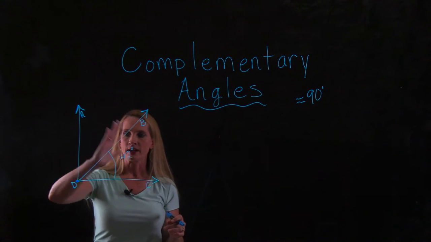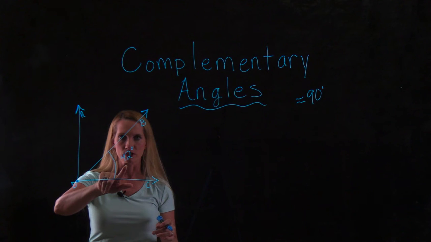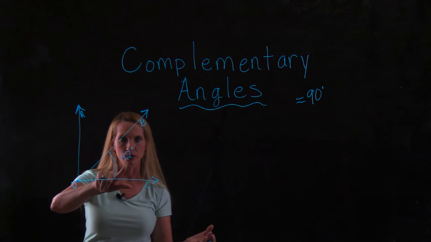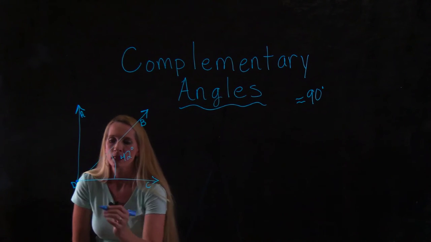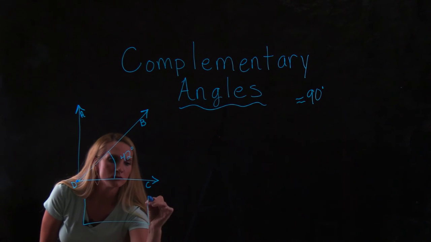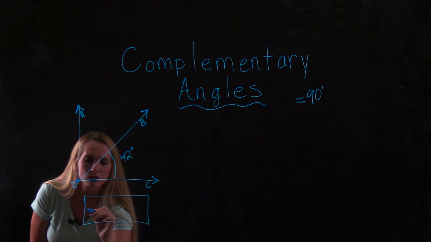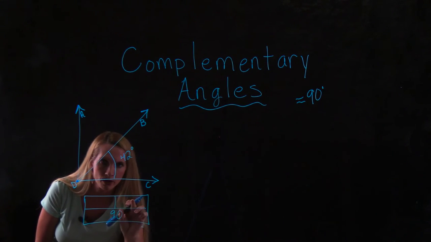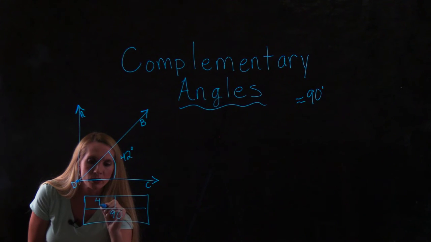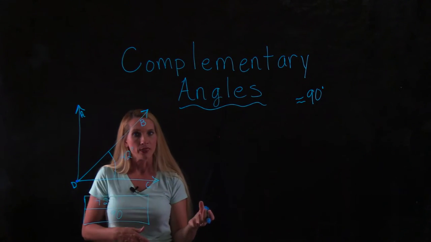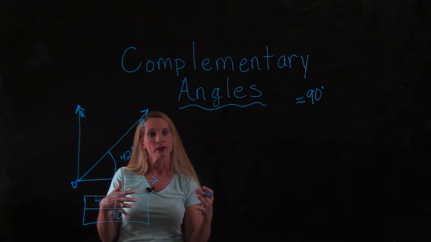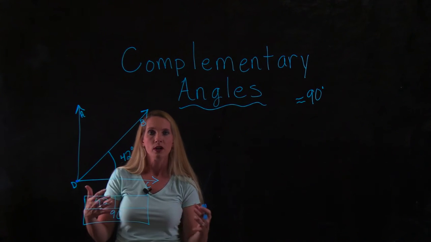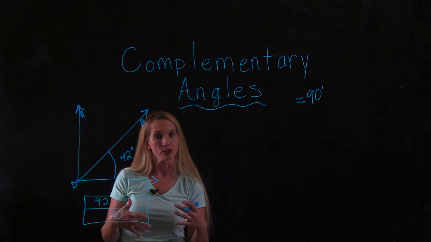So if I've got my 90-degree angle here, and I know this is 42, again I'm going to put it in the part, part, whole chart. I know my whole is 90, and I've got a part here and a part here. If this is 42, and I know the whole, I'm going to subtract.